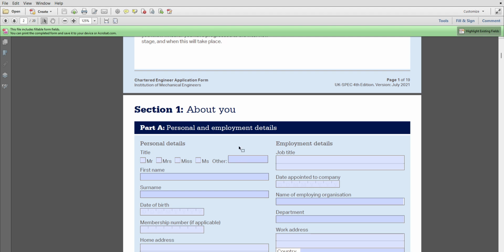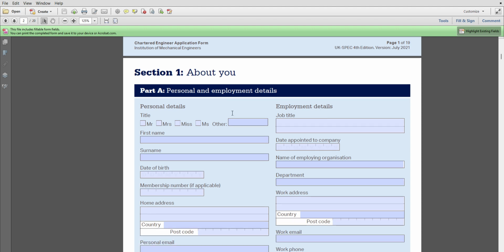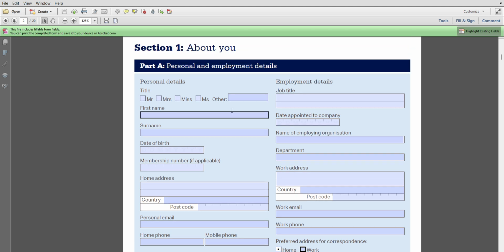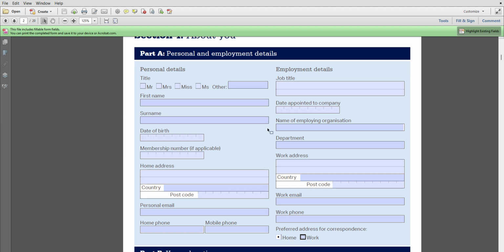Section 1, the candidate would have to provide personal information. So this is pretty straightforward. Personal details, employment details. Okay, so that's under section 1 and part A, personal and employment details.